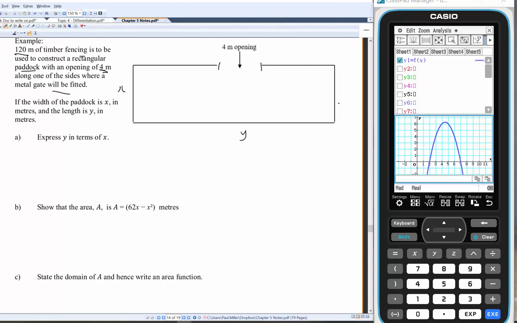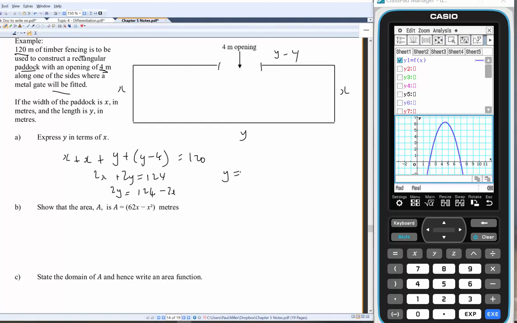So that's going to be x, this side is going to be y take 4. So what are we going to do? We've got x plus y take 4 equals 120. 2x plus 2y equals 124. 2y equals 124 take 2x.